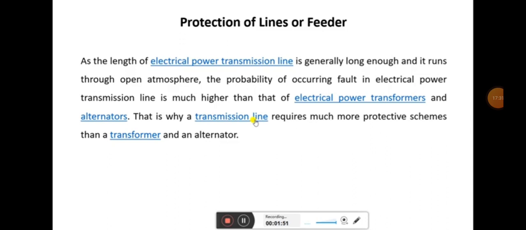So it is very much essential that these transmission and distribution lines must be protected with a very special purpose protection system compared to the transformers, alternators, generators.